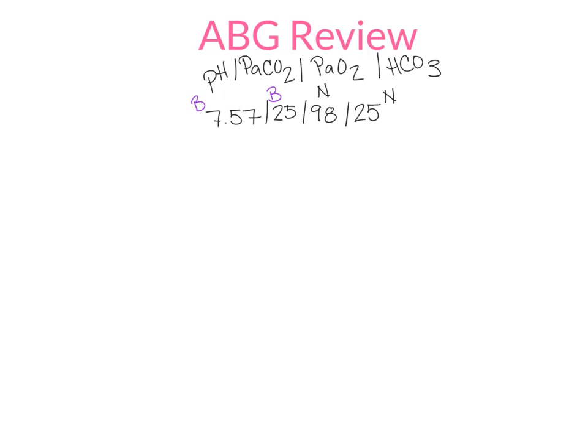Now we are going to interpret our ABG. Looking at our ABG, we can see that only one of the numbers has changed, only CO2 has changed, and that the bicarb has not moved at all. It's still within normal limits. So we know it's an acute problem, and because it was CO2 that changed, it's an acute respiratory.